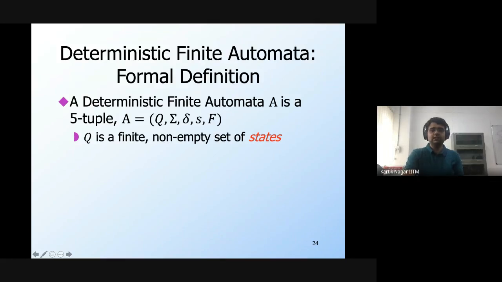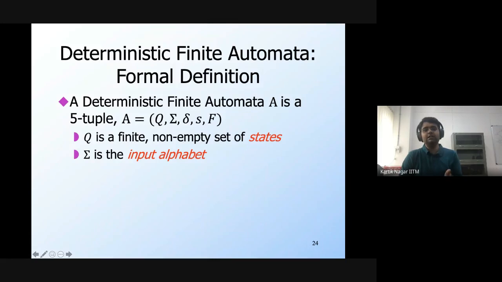So let's look at what sigma is. Sigma is the input alphabet. So why do we need an input alphabet? We are going to use DFA in order to solve the language inclusion problem. So we are given this input alphabet sigma, from which we can generate different languages, which are nothing but sets of strings, or subsets of sigma star.